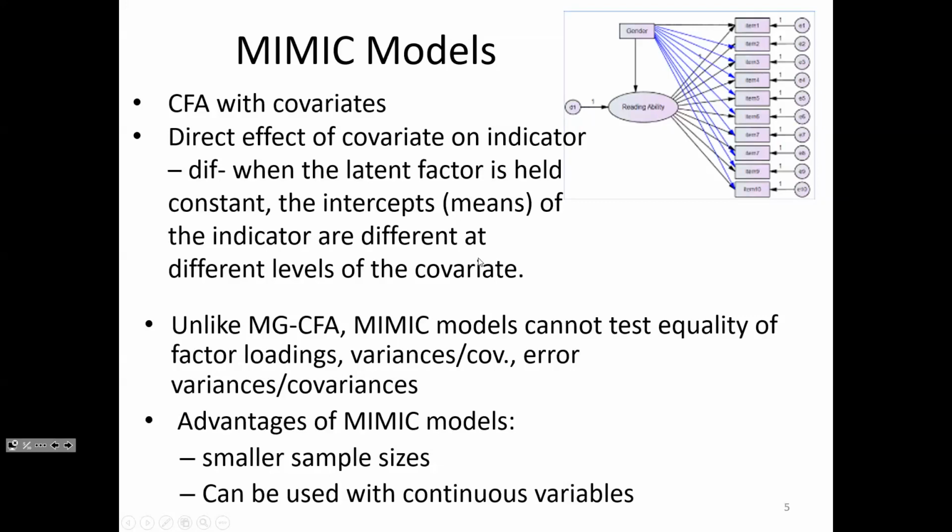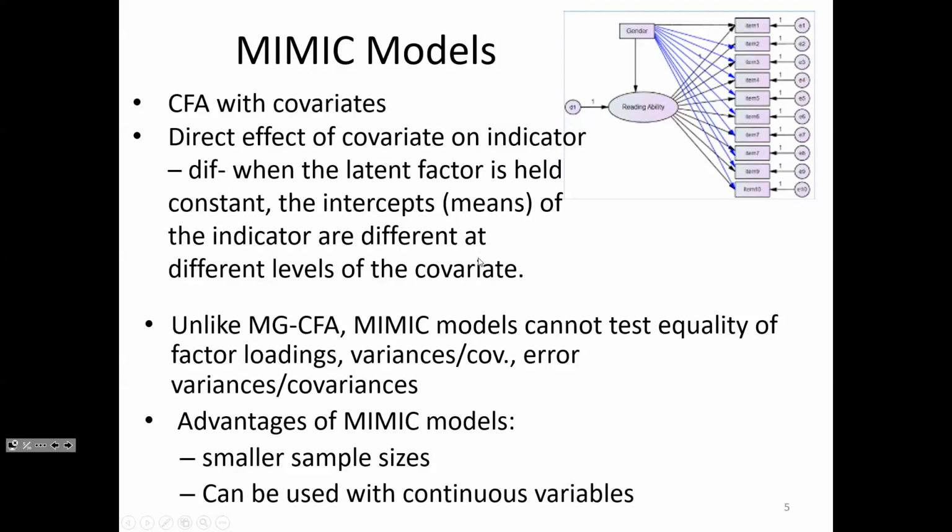But here's the thing. What I'm really getting when I do this is a test of whether the intercepts are different across the two groups. When I allow for those blue paths, those direct effects of gender on the item after controlling for ability, that really is like allowing the intercept, which remember is the score on the item after controlling for ability, to vary across the two groups, right?